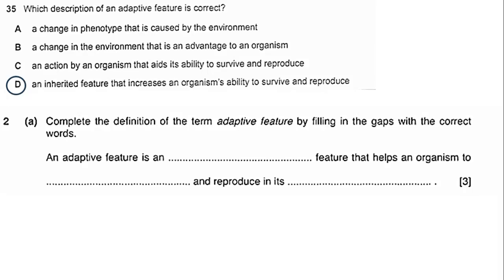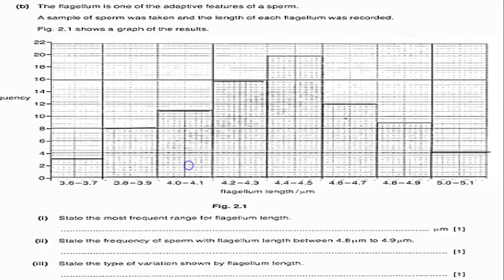Please make sure you memorize all of the definitions of the syllabus because specific keywords are very important, like here in this question. An adaptive feature is an inherited feature that helps an organism to survive and reproduce in its environment.